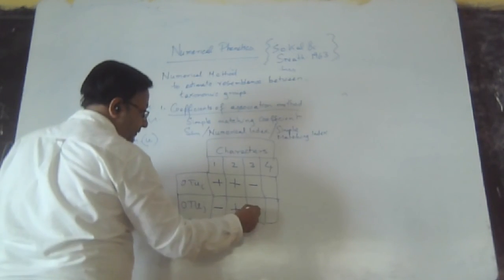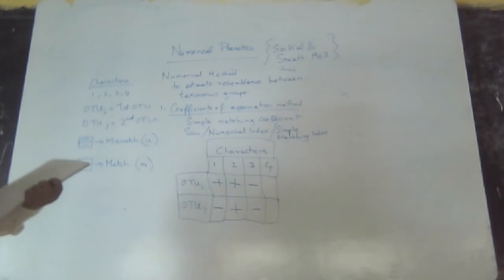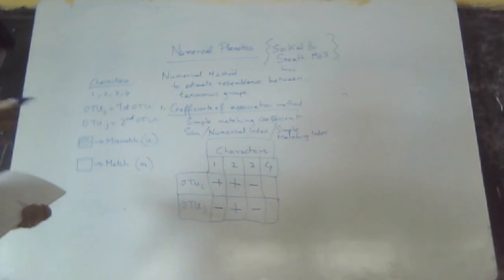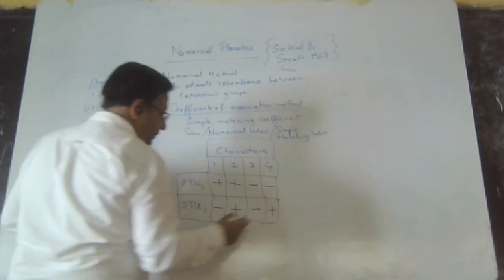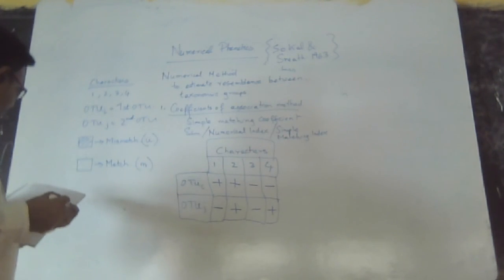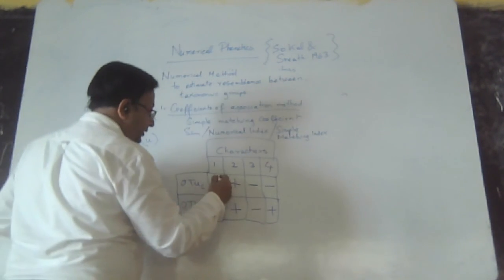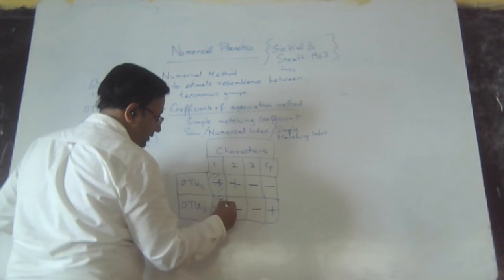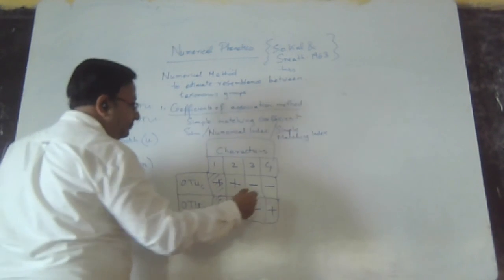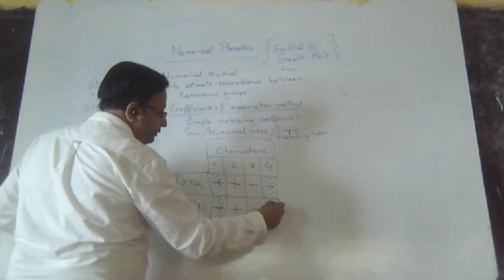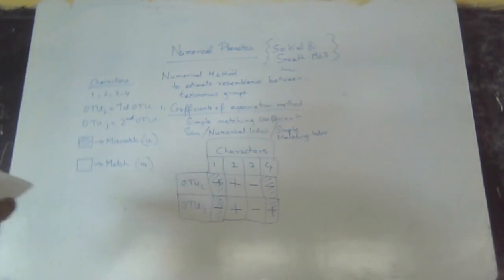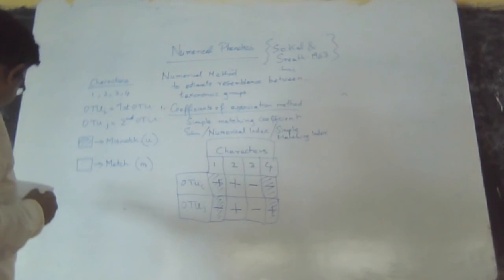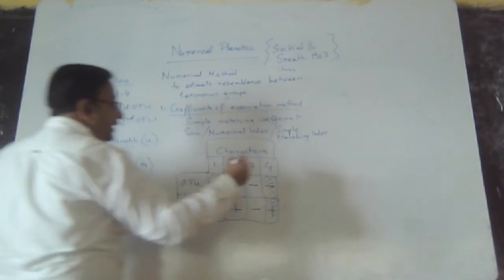Some other character is not present in both, and another is a plus. So you can see these are mismatches. It's present in one, it's not present in the other. So the number of mismatches, formula.